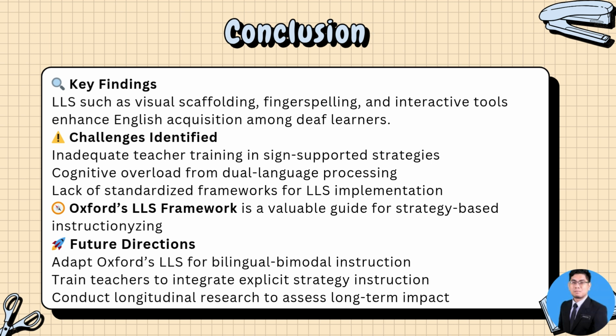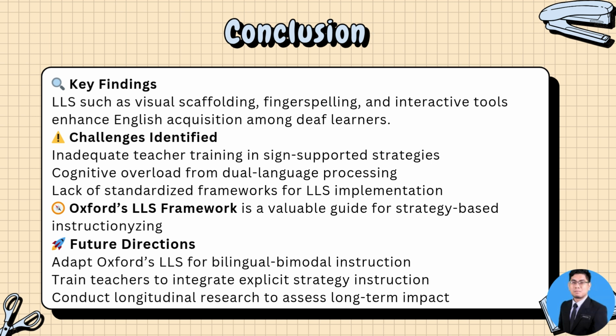To address this, we can turn to Oxford's Language Learning Strategies taxonomy, which classifies these strategies. This framework provides a valuable foundation for structuring strategy-based instruction. So moving forward, it is important to adapt Oxford's strategies for bilingual bimodal DHH students, those who use both sign and written or spoken language.